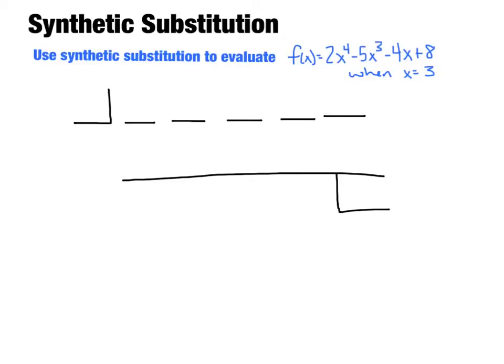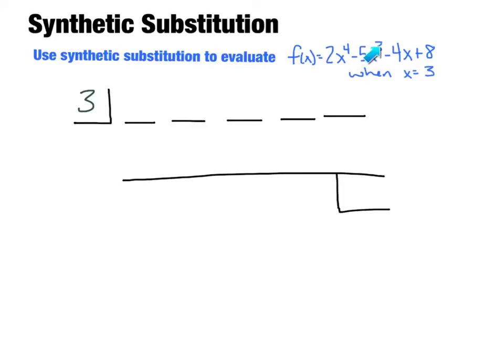So my given x value is 3, so in the outside bar I'm going to write 3. And now I have to fill in these spaces with the coefficients of the x values. Make a note that you need to be very careful that if one of the x values isn't there, you have to put a 0 in its place. So here we have x to the fourth, third.